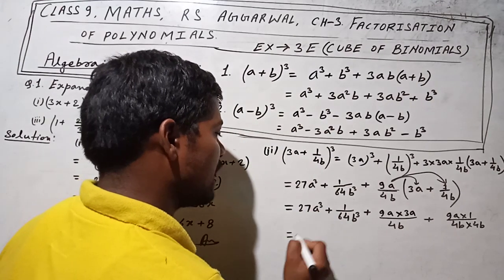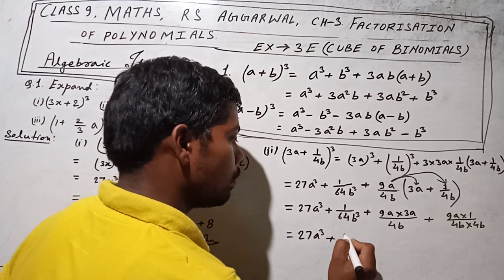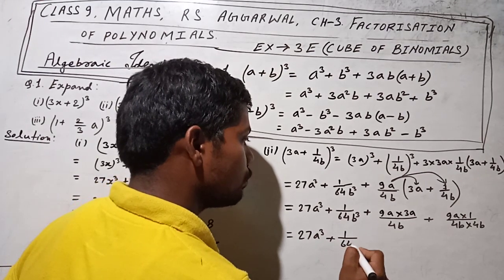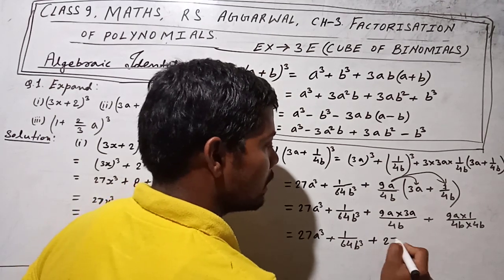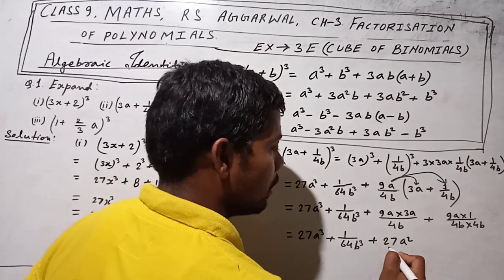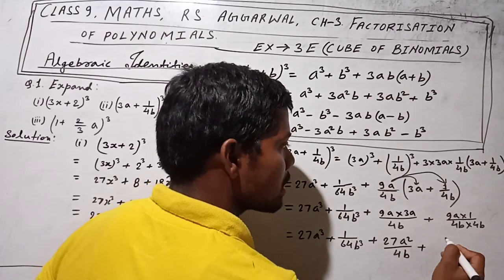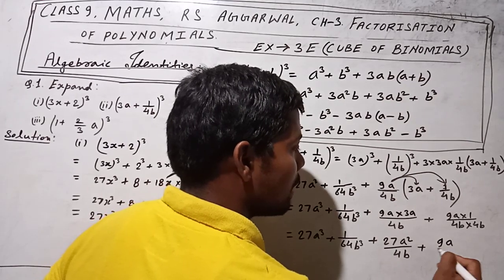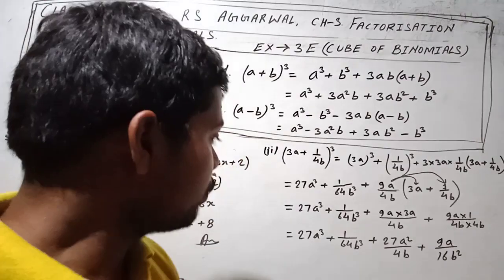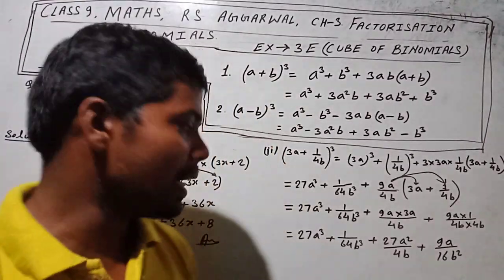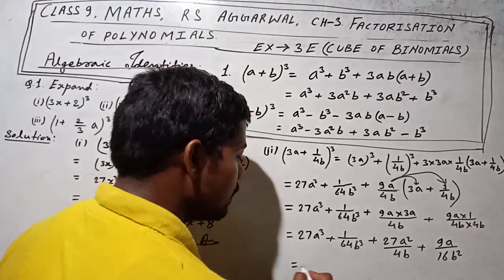Now simplifying, we get 27a cubed plus 1 by 64b cubed plus 27a square by 4b plus 9a by 16b square.